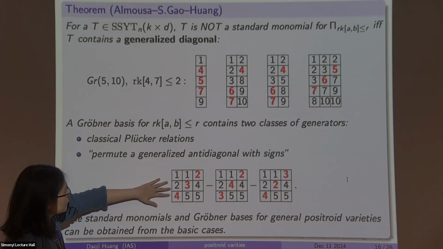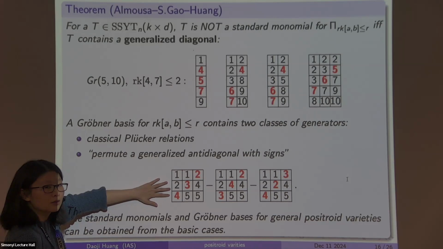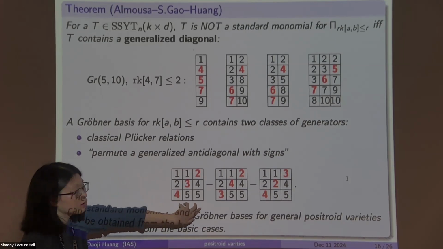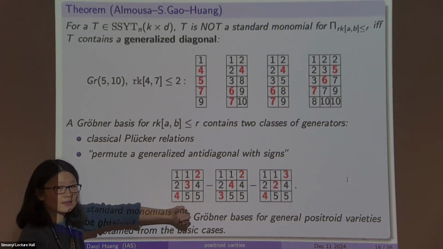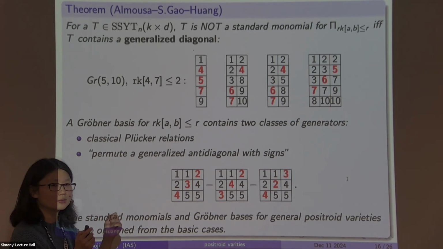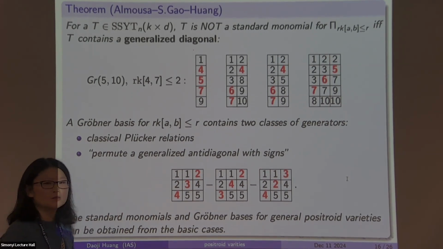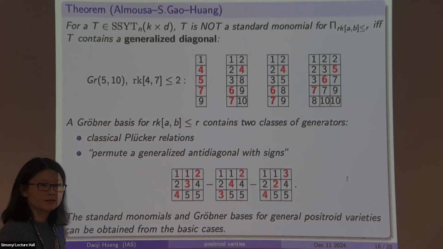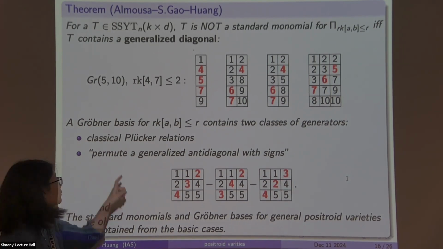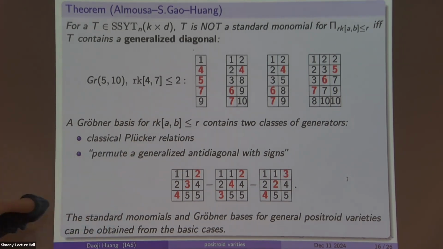So if this would be Grassmannian 3, 5, the rank condition would be the rank of 2, 3, 4 is less than or equal to 2. So this is a leading term because I cannot delete a column and still contain a generalized anti-diagonal. You have to minimally contain a generalized anti-diagonal to be a leading term. Yes, it has to be 2, 3, 4 because it has to live inside this interval.